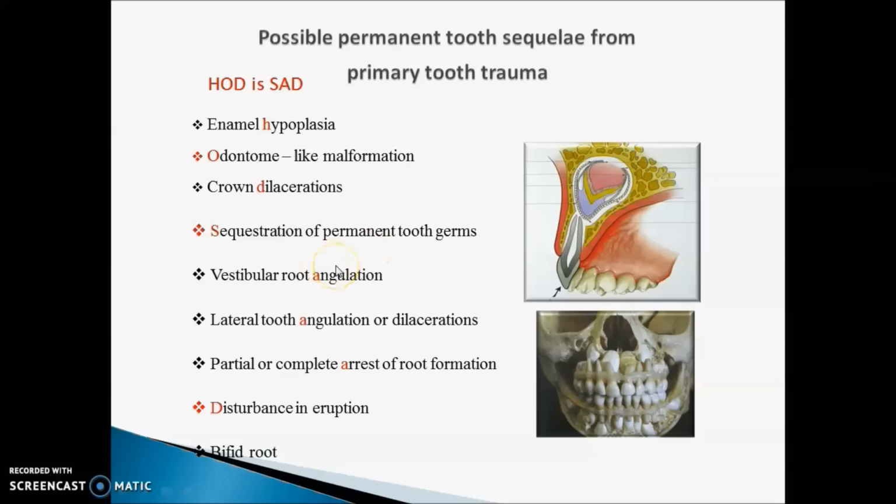Then if the trauma is severe, it can make your developing tooth angulated. There can be angulation of root, angulation in lateral direction, or sometimes arrest of tooth or root formation can occur. And the D stands for disturbance in eruption. And sometimes you can see bifid root also. So please remember the permanent tooth sequelae from your primary teeth trauma.